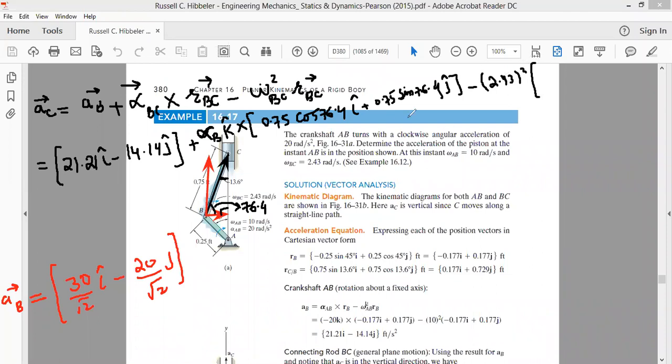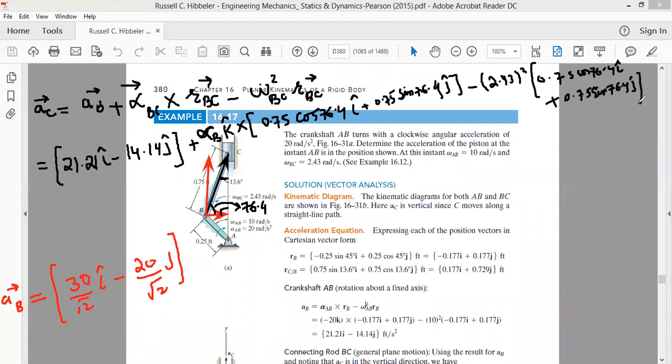RBC is this, we have to write this vector here, that is 0.75 cos of 76.4 i cap plus 0.75 sine of 76.4 j cap. Okay, so this is our i and j component.